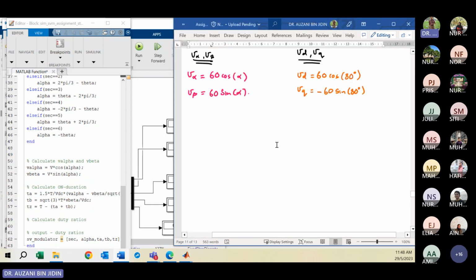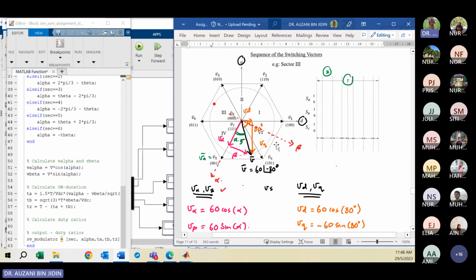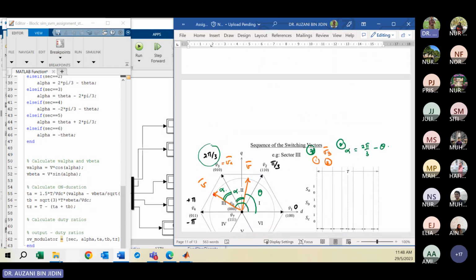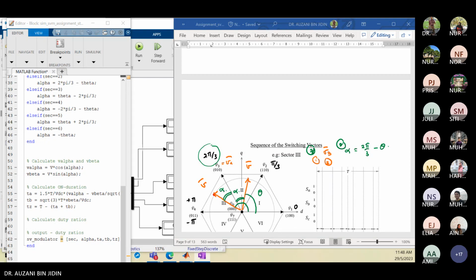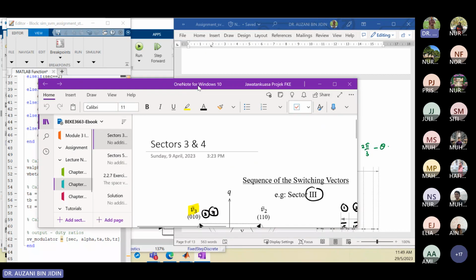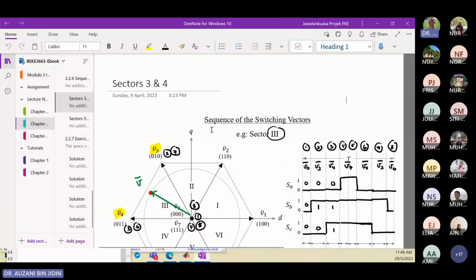Okay, so remember for the space vector, we have discussed. Let me open the notes first. The notes that we have discussed in class. So remember, in order to develop the space vector modulator, one of the important sections is to determine the sequence of the switching vectors.